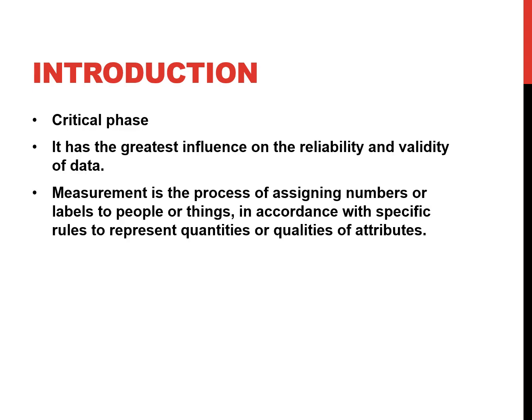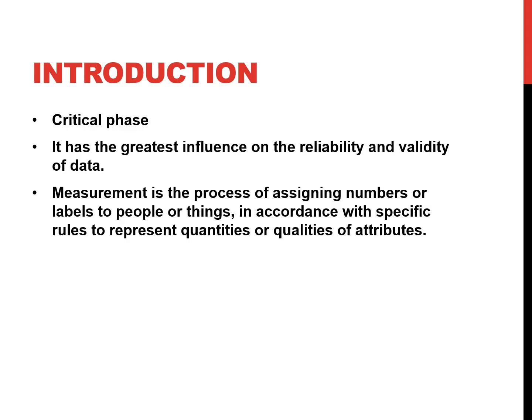It sounds quite simplistic, but it's actually quite important, because the type of data that you collect has a direct impact on the type of statistical analyses that you can do. So when you're collecting data, and when you're measuring aspects and perceptions, you really need to understand the nature and the implications of the data that you can collect.